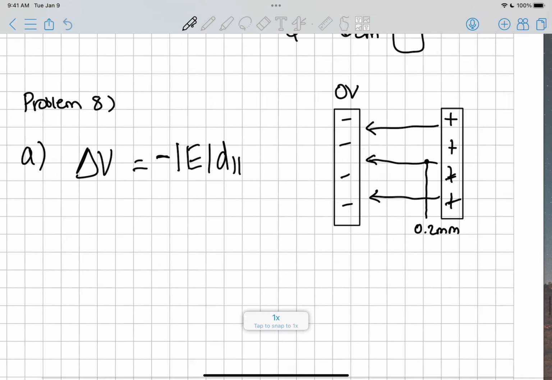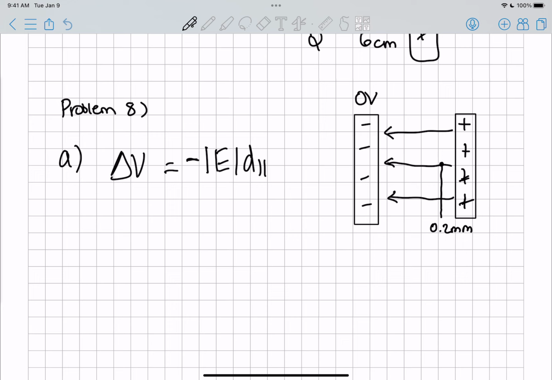And now we want to figure out VB, but we have to compare it to some other value. What other voltage value do we know? V equals 0, the negative plate's electric potential.